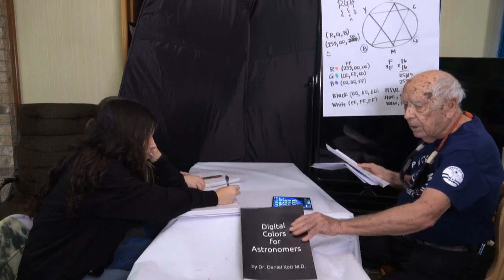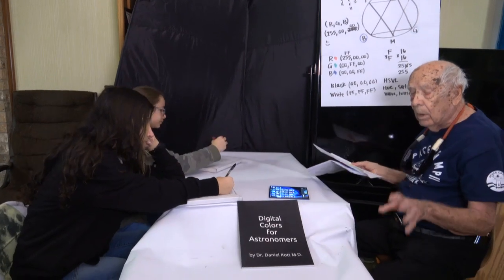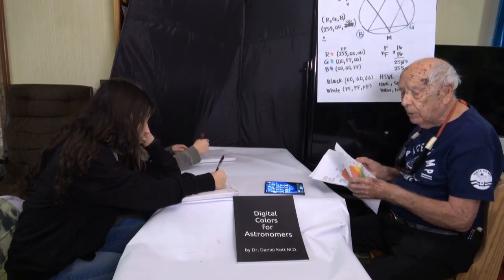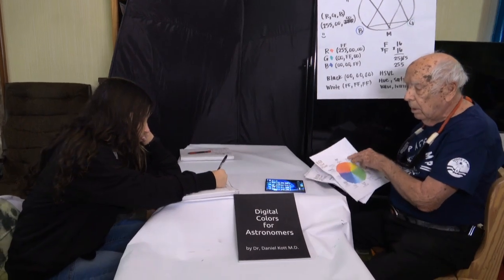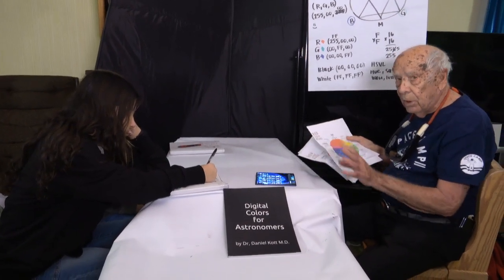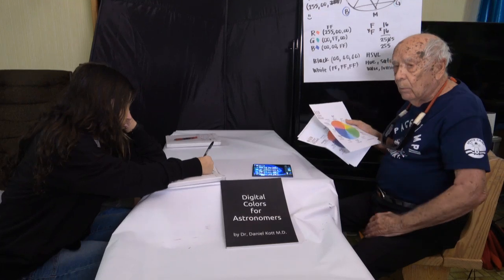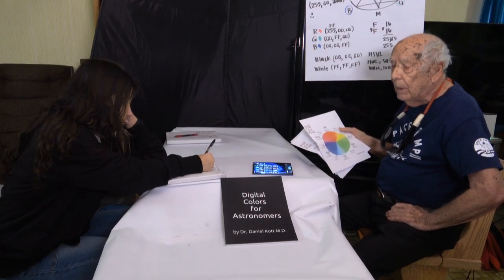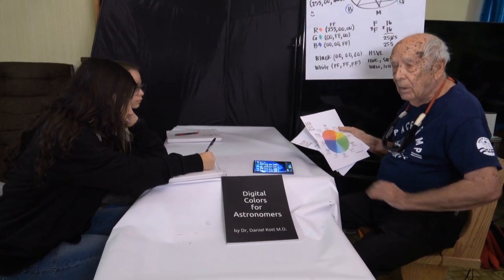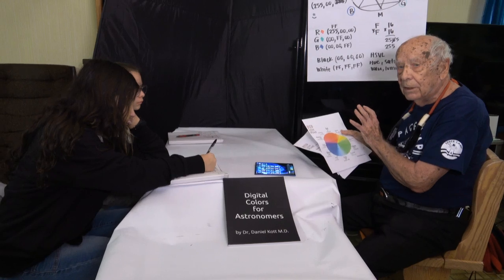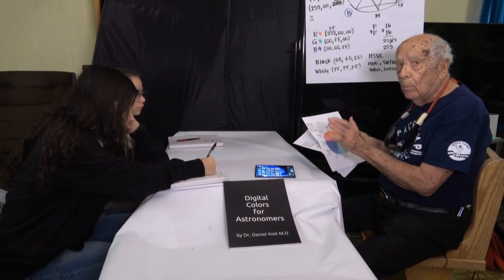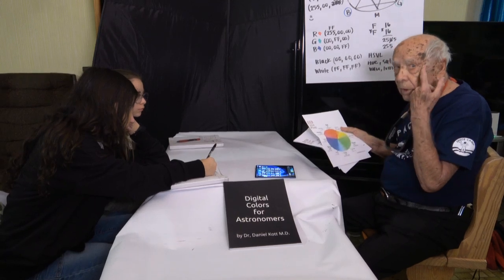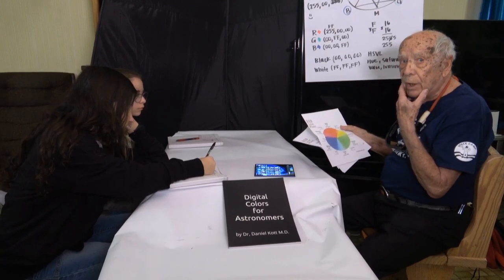All this is explained, by the way, in much greater detail for scientists and astronomers in this book that we published. What we're not going to go through with the younger generation is what we call color gamuts and color spaces. This is one color space, and we're really talking about the one that's used now mostly by computer and TV people, which is 2020.